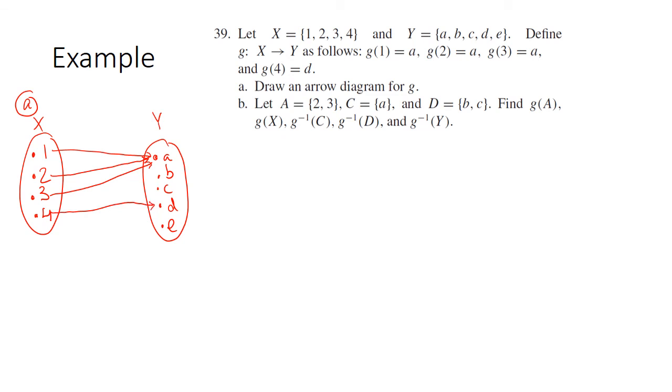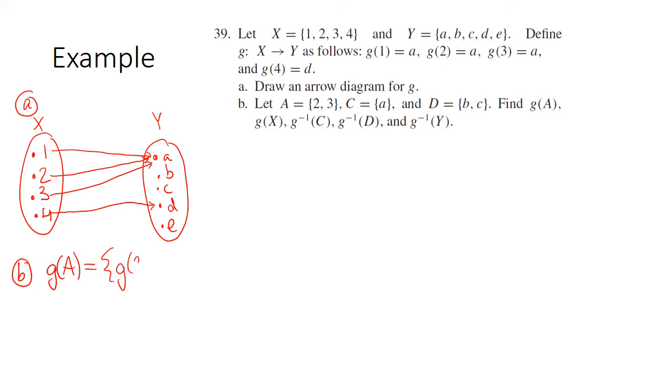Okay, and then for part B, let me start it down here. So they've defined these three sets for us, capital A, capital C, and capital D. And we're going to find some images and some inverse images of those sets. So first of all, g of A. All we're going to do is plug in to g all of the things that are in the capital A set.